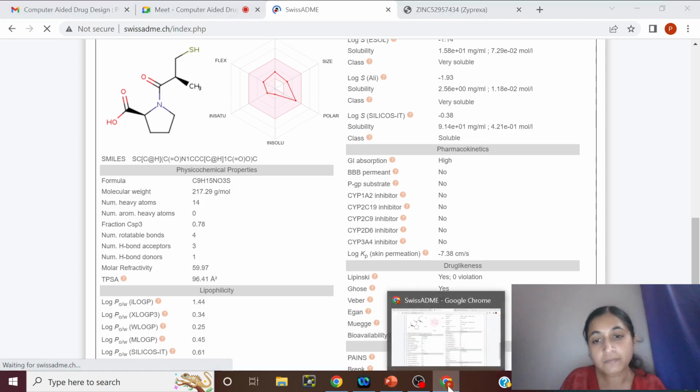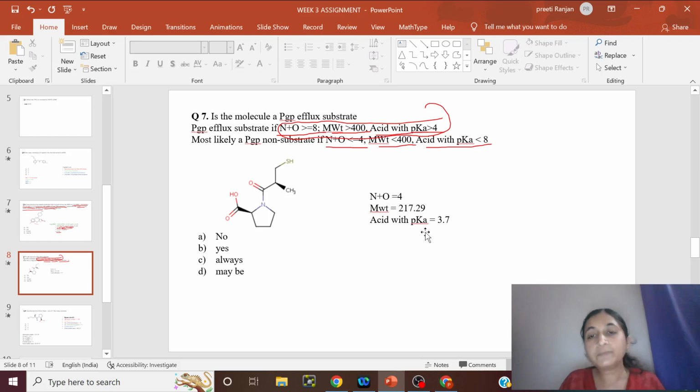217.29, and the acid pKa, which you can check in PubChem, is 3.7, because in this molecule there is a carboxylic group. So this is a strong acid, and the pKa value of this group is 3.7. Now we will check whether N plus O is greater than or equal to 8. No, it is 4.